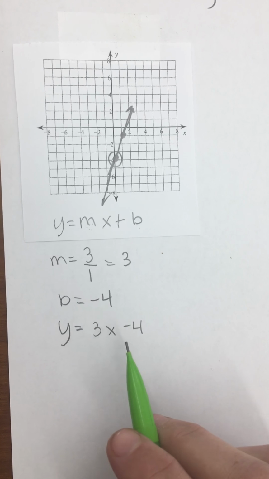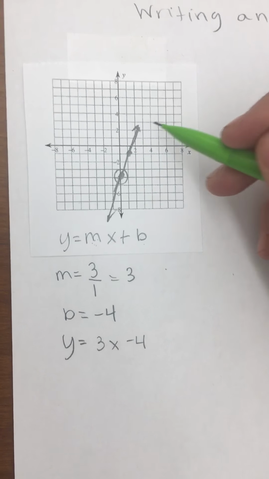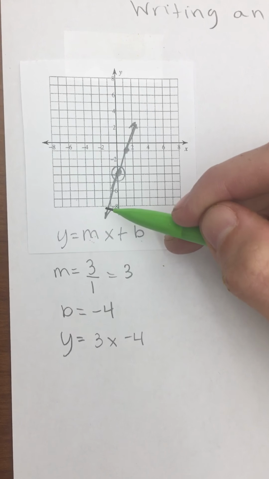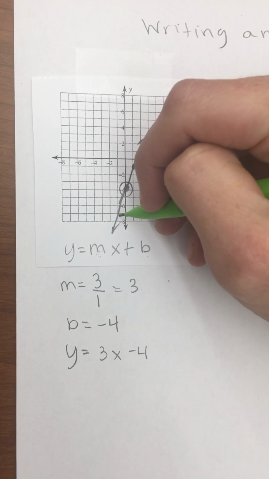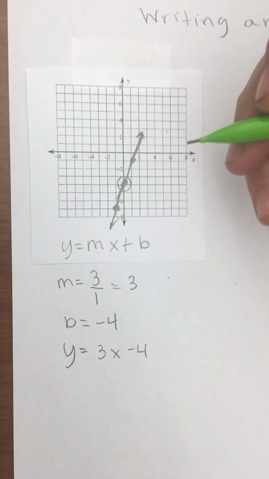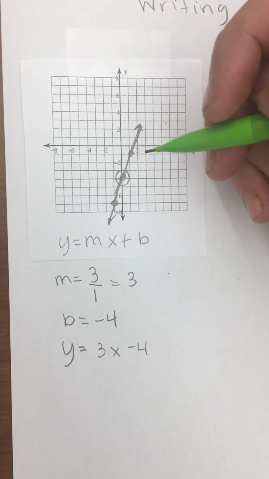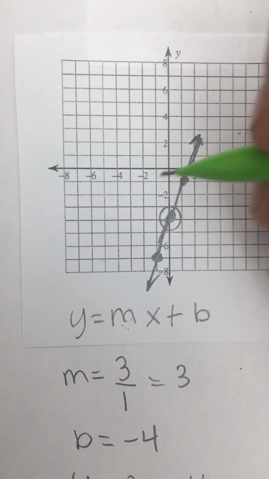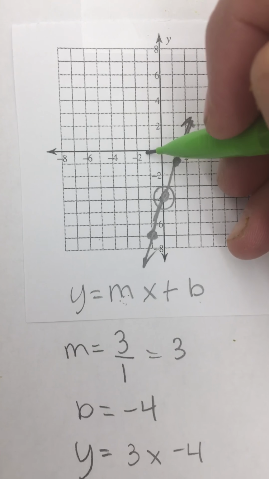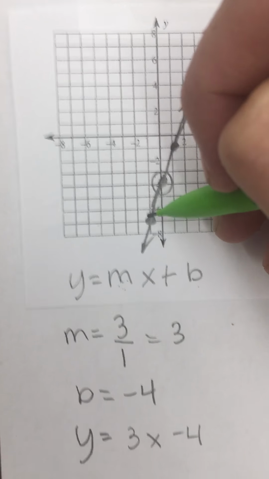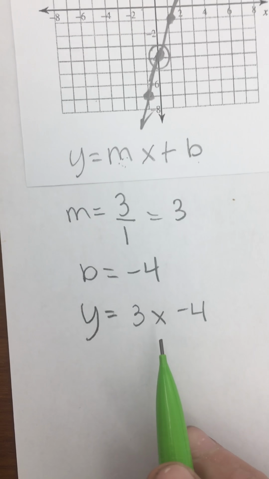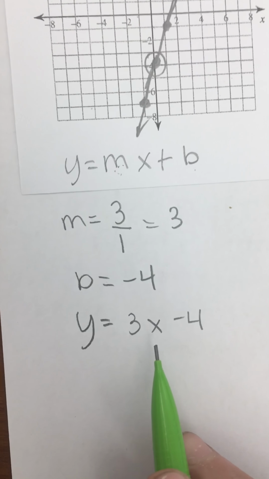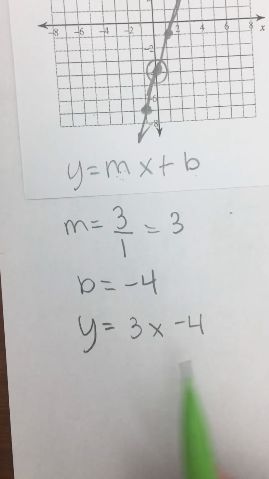What this is essentially telling me is that if I choose any point on this line, it should work in this equation. So let's choose a point that exists on the line and see if that statement is correct. If I look to the left one, I'm getting -7. So I'm going to insert into this equation the number -1 and check to see if my formula is correct.